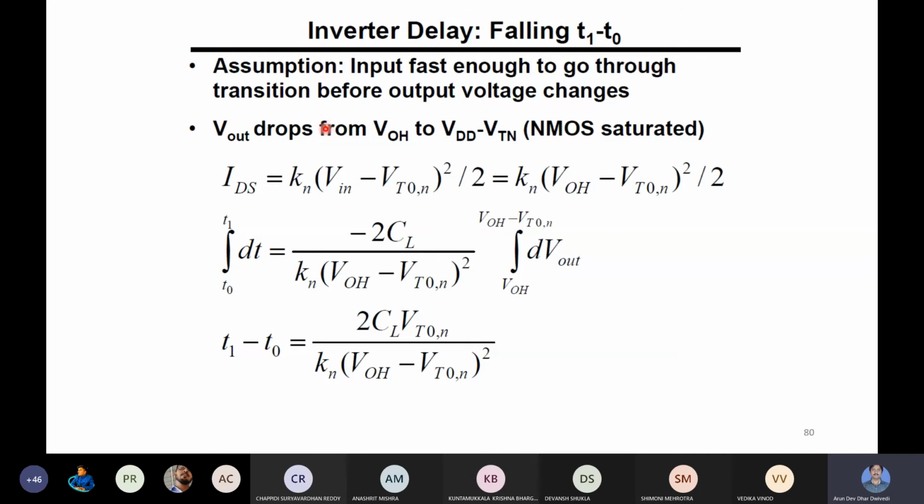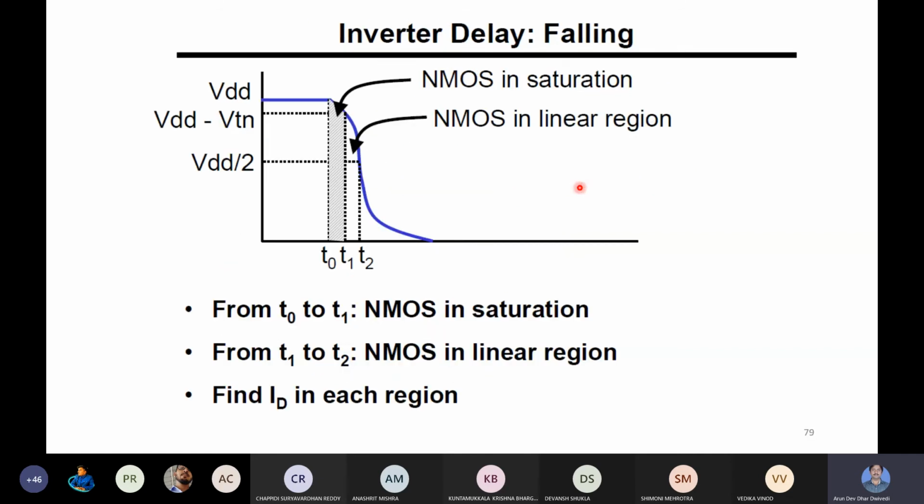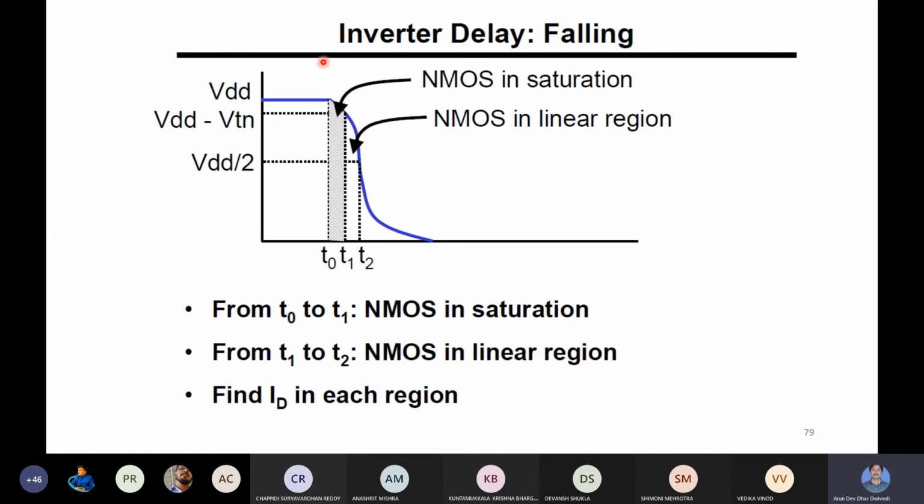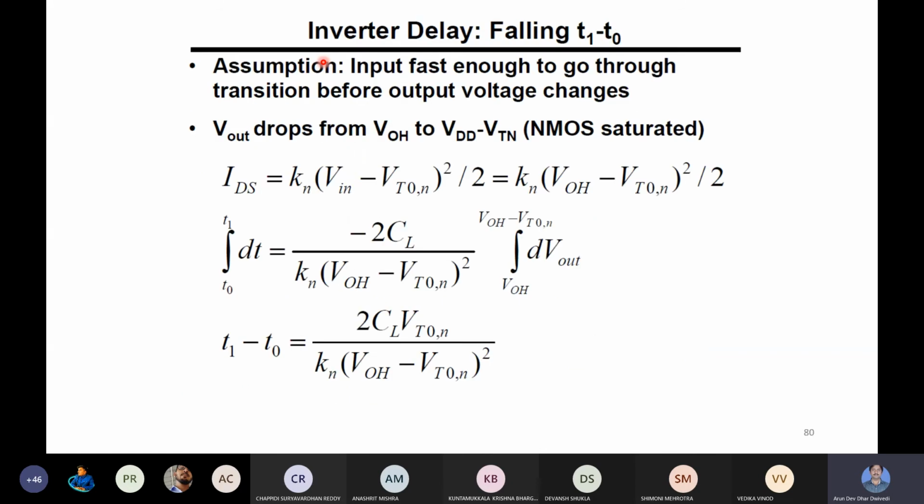In the first part we can use the saturation region current equation, IDS equals Kn (Vin minus Vtn) whole square, and Vin we can substitute as VOH or VDD, because input is switching to high. Input is from low to high, then only discharging starts. So while it is discharging, we can assume that input is VOH. Therefore Vin is substituted by VOH, and VT0n is the threshold voltage of NMOS.